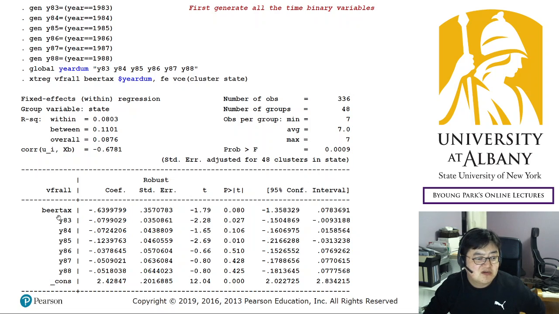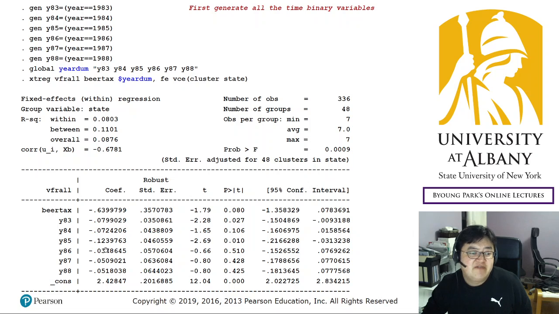What's interesting here is there is a huge drop in 83. It has a large t-stat, and also a huge drop in 85. I don't know what happened. Among these 6 dummy variables, the others are not significant, but there are only 2 years which have a significant impact. For some reason, in 83, the fatality rate dropped in all states by this much.